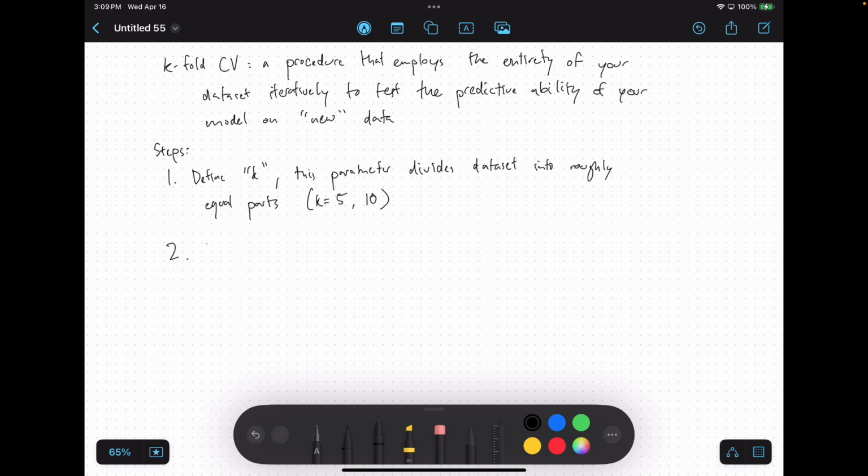Two, I split the data set randomly, randomly divide the data into k equally sized parts.